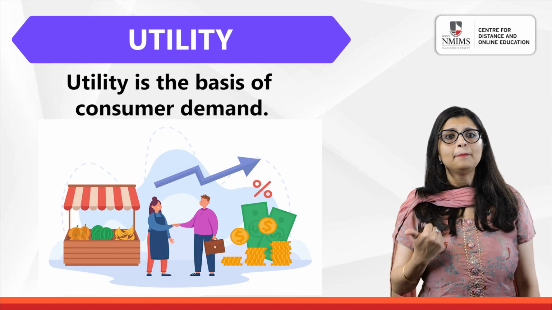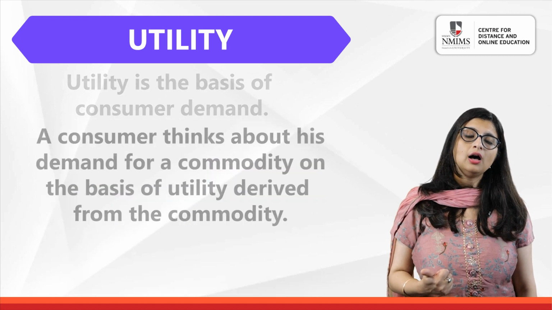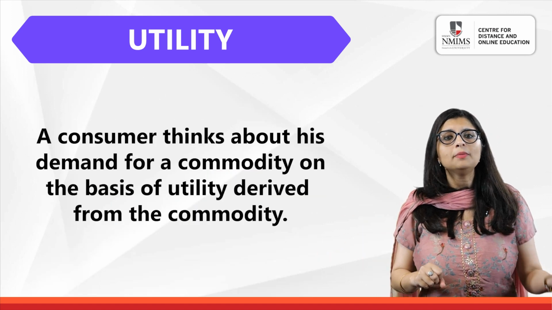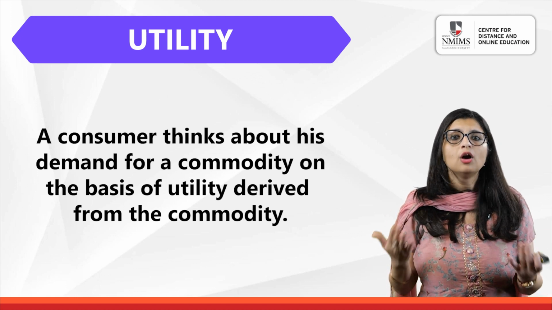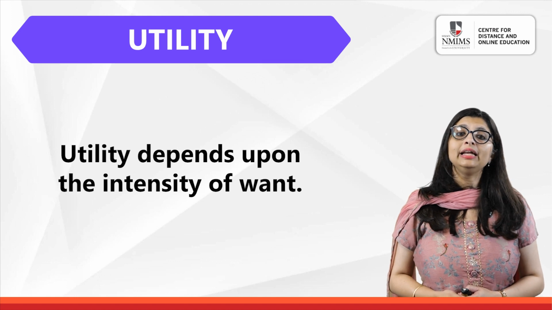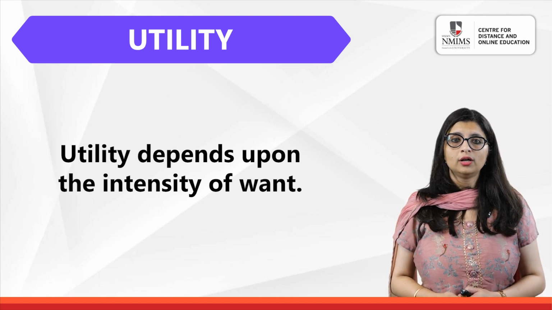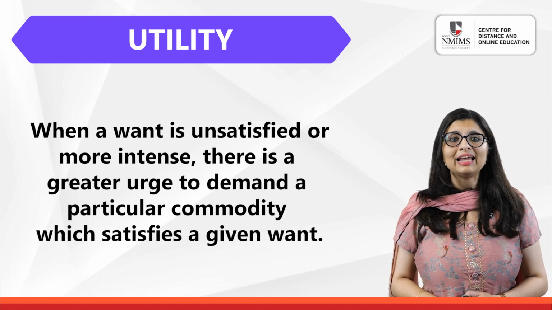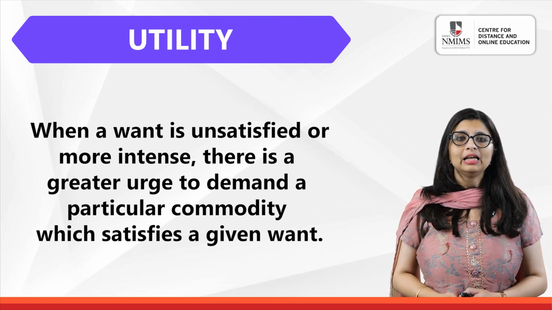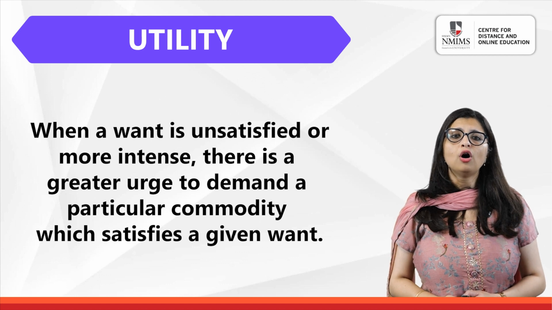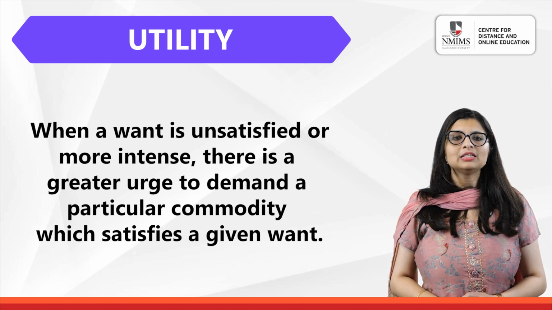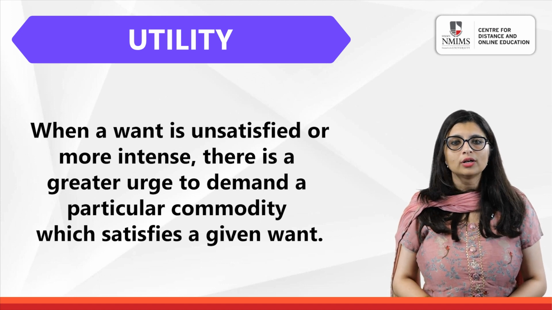Utility thus is the basis of consumer demand. A consumer thinks about his demand for a commodity on the basis of the utility derived from the commodity. Utility depends upon the intensity of want. When a want is unsatisfied or more intense, there is a greater urge to demand a particular commodity which satisfies a given want.